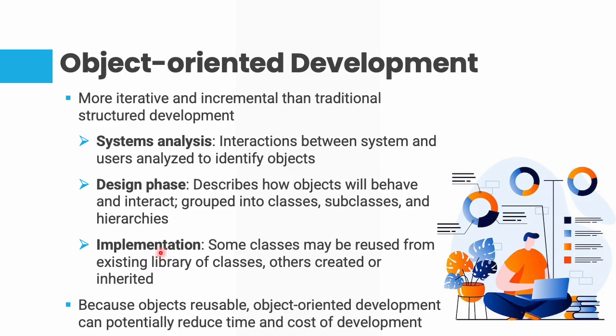The best part is reusability. You know that many classes like user authentication or date calculation may already exist in the library. You don't have to write them from scratch. You can reuse them or create new ones by inheriting from existing classes.